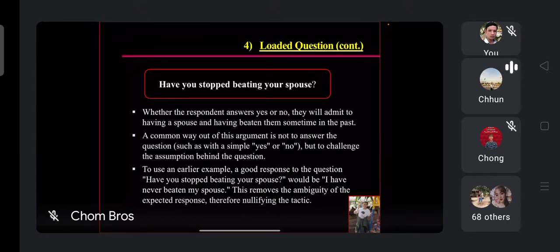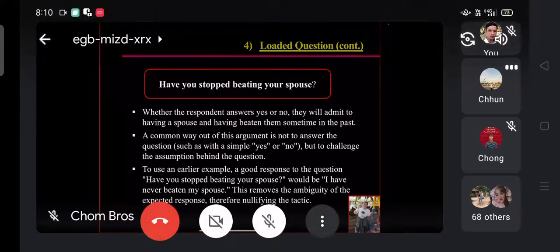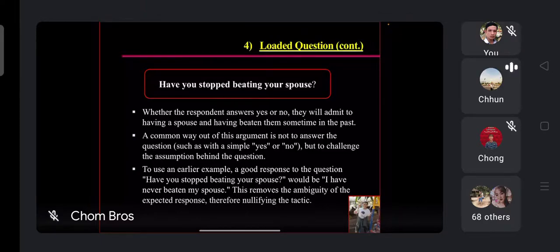If you remove the ambiguities of the expected response, the asker is likely to respond by accusing the one who answered of dodging the question.